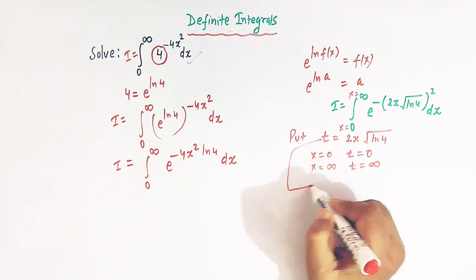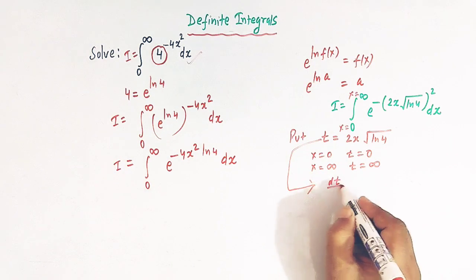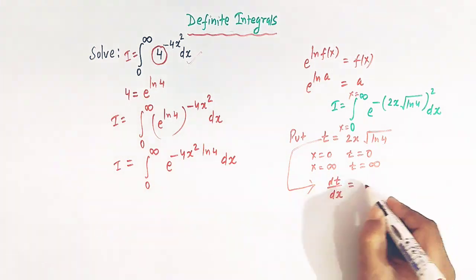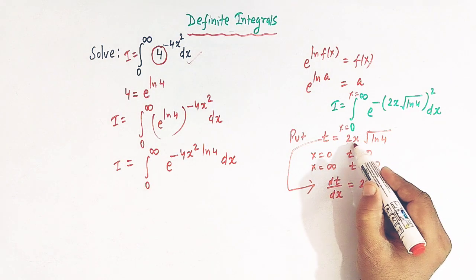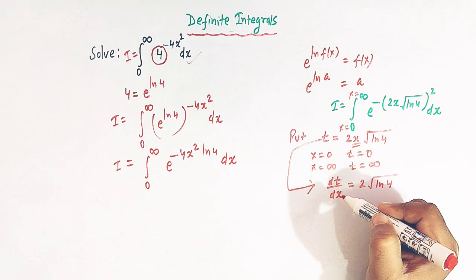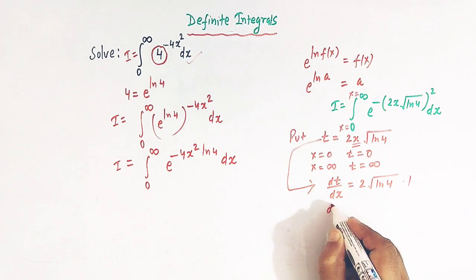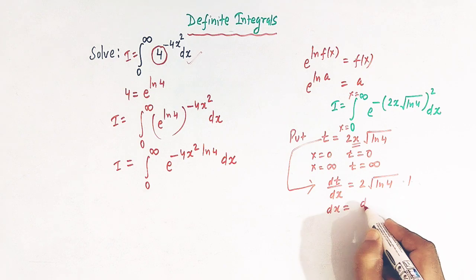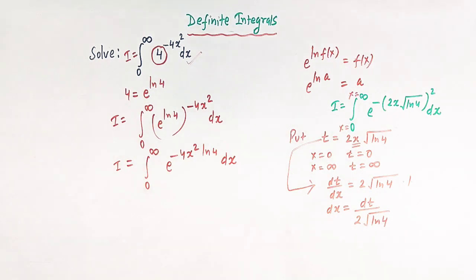Now let us differentiate t with respect to x. We have dt over dx equal to 2 times square root of log of 4, since the derivative of x with respect to x is simply 1. So dx can be replaced by dt divided by 2 times square root of log of 4.